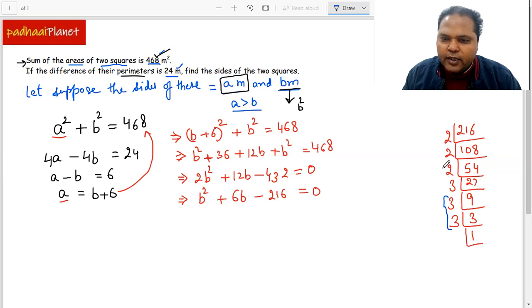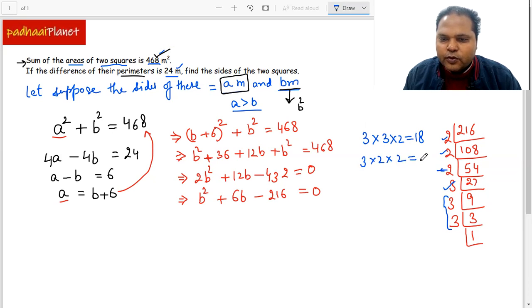The first combination is 3 times 3 times 2, that makes it 18. The other combination, what we are left with, is this 2 and this 3, so we can write 3 times 2 times 2.